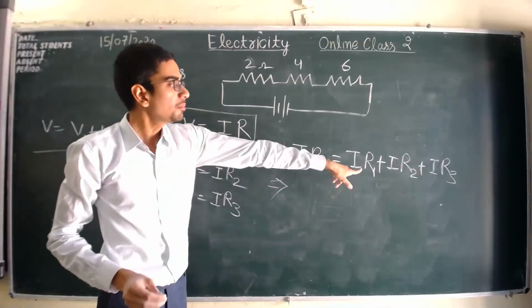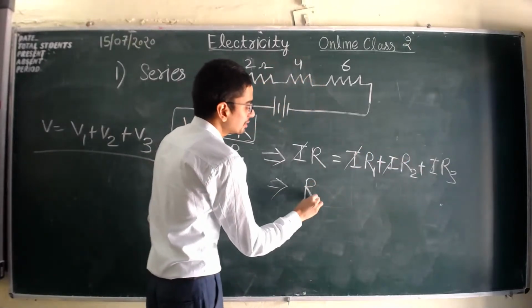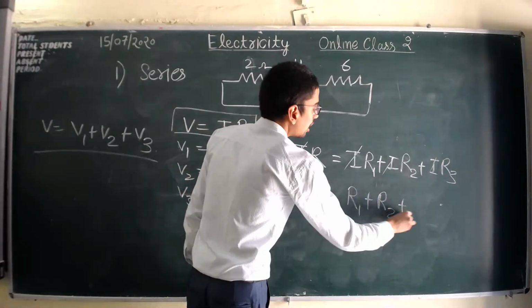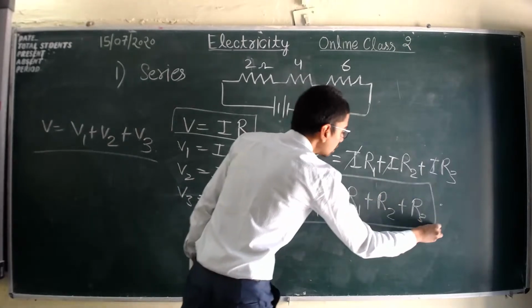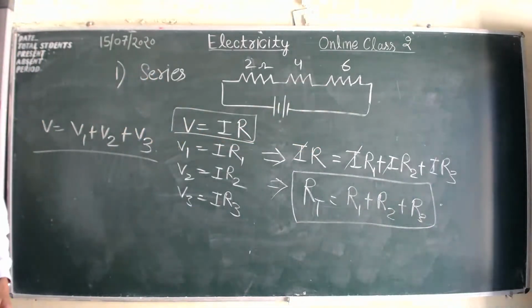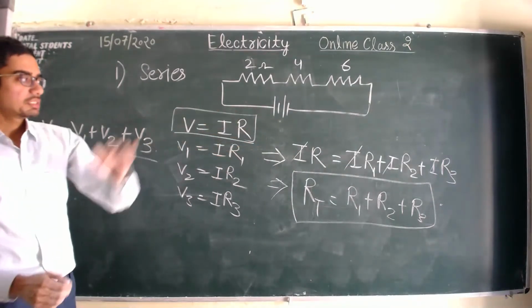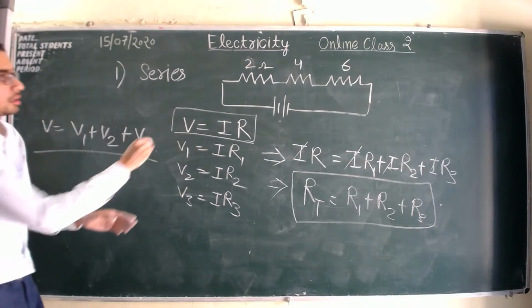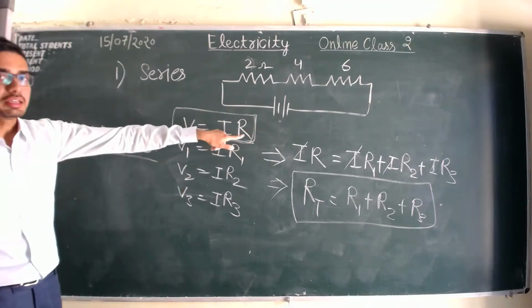I is same, so I will be cut. Total resistance will be R1 plus R2 plus R3. Okay, this is the formula to find out the total resistance of a circuit in series combination. R is equal to R1 plus R2 plus R3. Okay, you simply have to write Ohm's law. Okay, the total voltage is equal to IR.